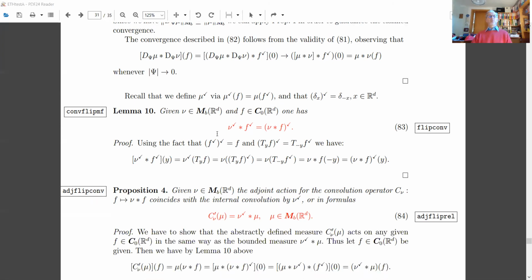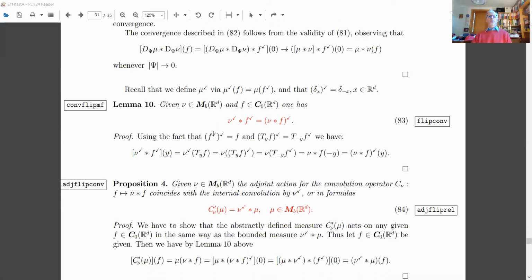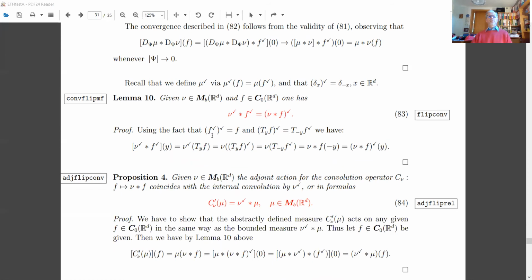I guess I have tried to make it a two-line proof. What you need is f double flip is f. So if you flip twice, minus x is plus x. And if you flip a shifted function, it's just a shift to the negative thing. So just write down the argument T_y f flipped at the point z is what you have here, and then you are done.